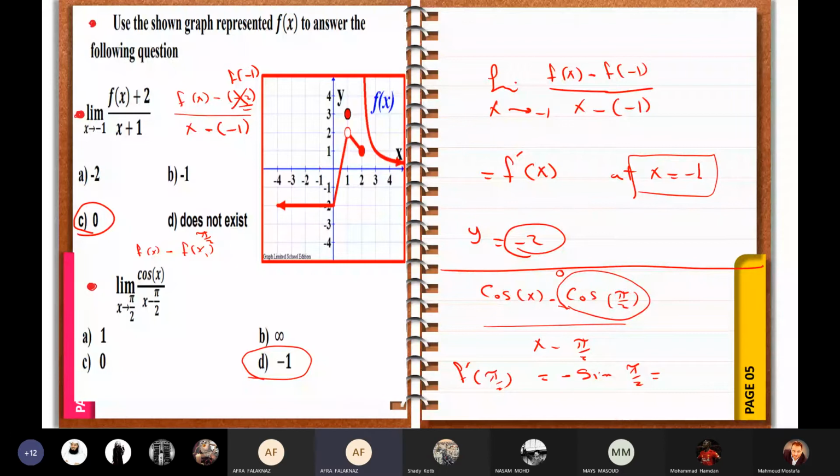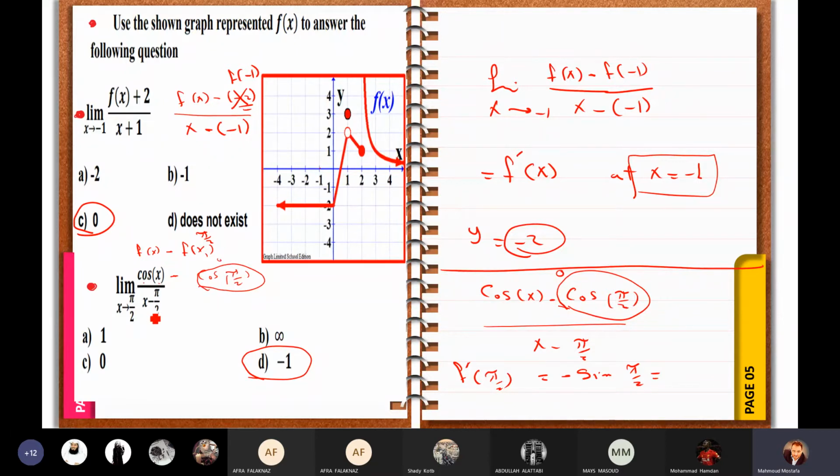Teacher, can you repeat the last question? Okay, the last question here. We have only cosine x. We need minus cosine pi over 2 to have the same formula. Can we subtract? Yes. Why? Because cosine pi over 2 is 0. Like if you put -0 plus 0, it is the same.